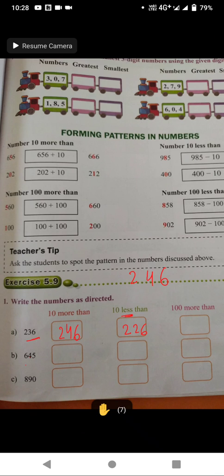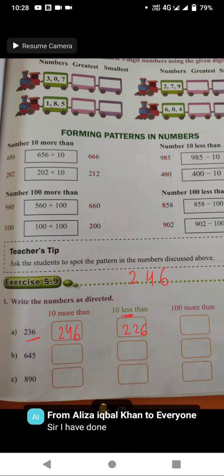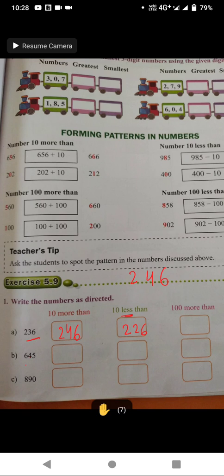And in the third column you have to find 100 more than. You have to write the number which is 100 more than, and in the fourth column you have to write the number 100 less than.